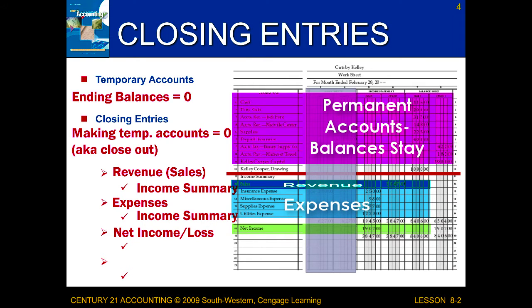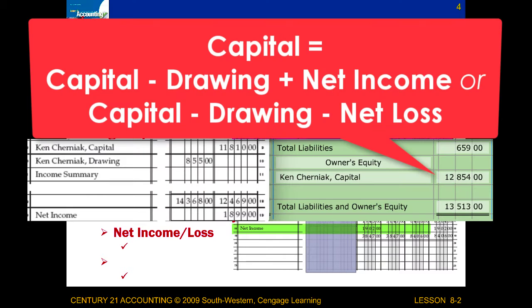Finally, we've got our net income, or potentially our net loss. On this worksheet, we have a net income of $1,902. I want to clear that out and make net income $0. If you think back to when we did our balance sheet, we actually did the capital account minus the drawing account plus net income.